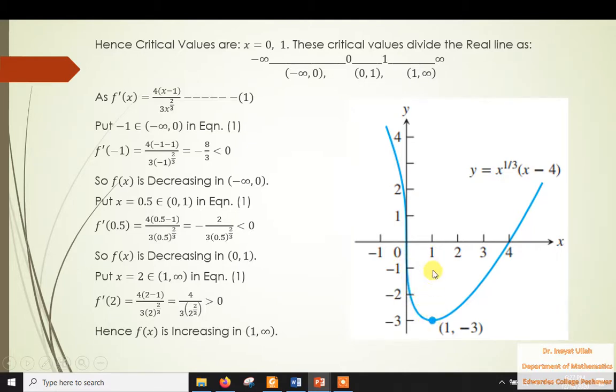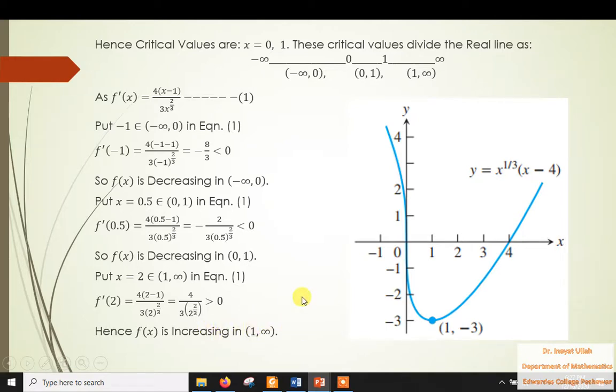Now suddenly when you reach 1, the pattern of the graph changes and it goes up and up, just like that. So we may say that from x equal to 1 up to infinity, the function goes up and up. It means that the function is increasing from x equal to 1 up to infinity. That is the graph of the function.